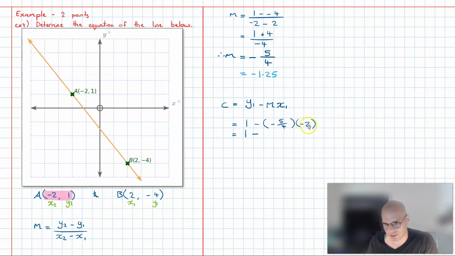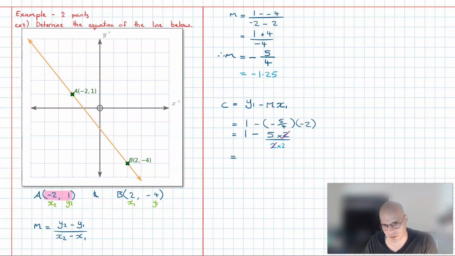I have 1, and then notice I have 2, and I have 5 over 4. They're both negative, so they become positive, but the 2 and the 4 are going to turn into 5 times 2 over 4. And what you might notice is that the 4 is actually equal to 2 multiplied by 2. So what we can do is play a game of keep and kill here, and we can kill the 2's off.